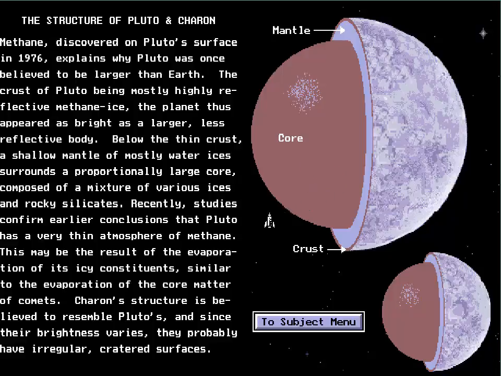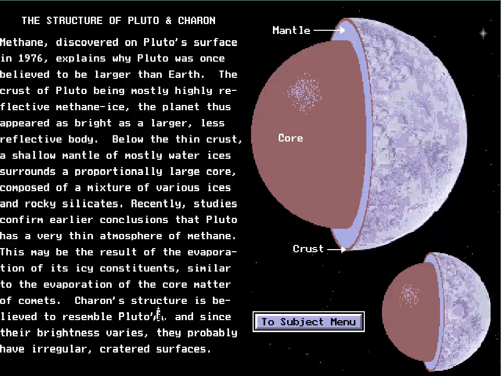Recently, studies confirm earlier conclusions that Pluto has a very thin atmosphere of methane. This may be the result of evaporation of its icy constituents, similar to the evaporation of the core matter of comets. Charon's structure is believed to resemble Pluto's, and since their brightness varies, they probably have irregular cratered surfaces.